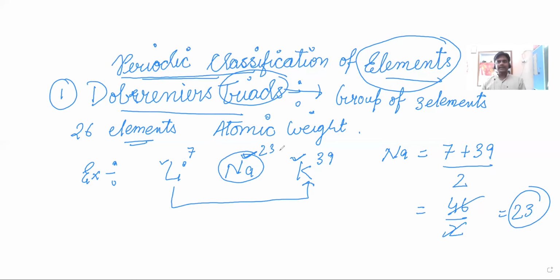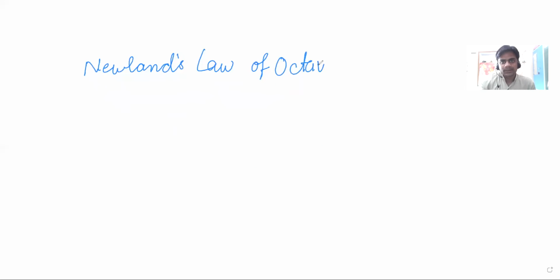Coming to the next one, Newlands' law of octaves. Triad means 3, octave means 8.